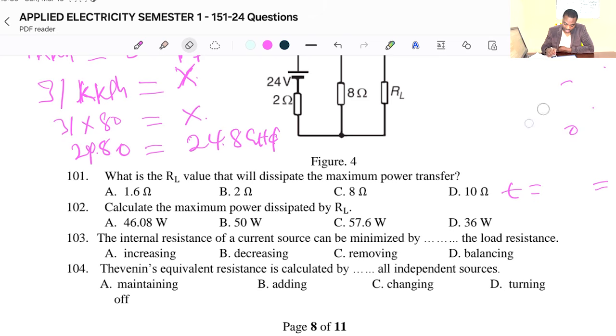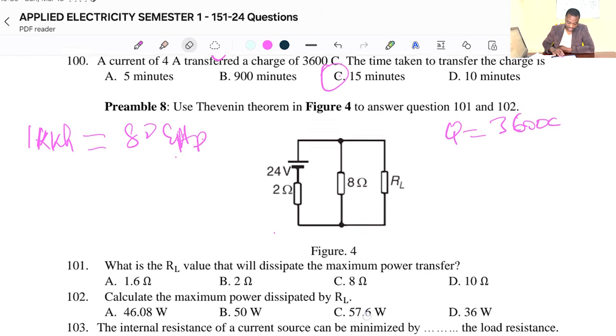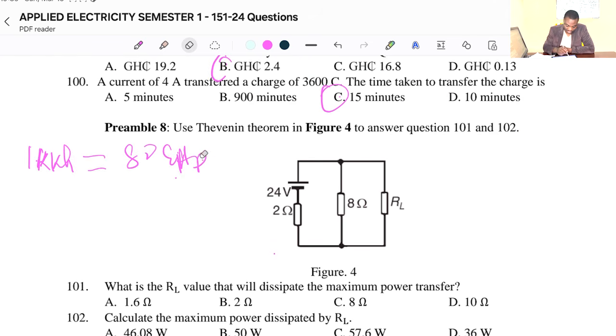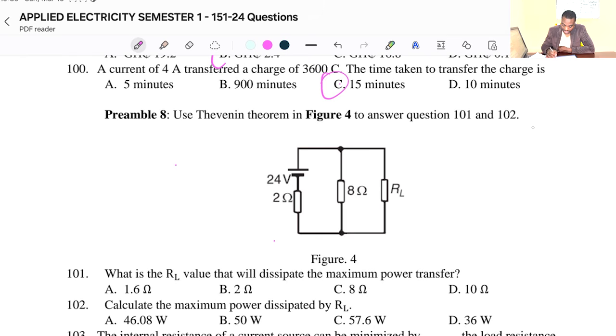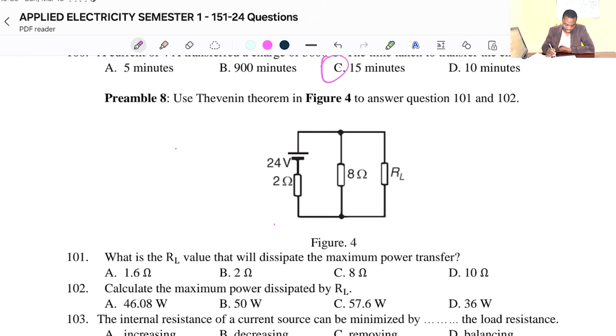Now we go to the next question, which is the figure that we are given here. Use Thevenin's theorem in figure 4 to answer questions 101 and 102. What is the load resistor value that will dissipate the maximum power transfer?